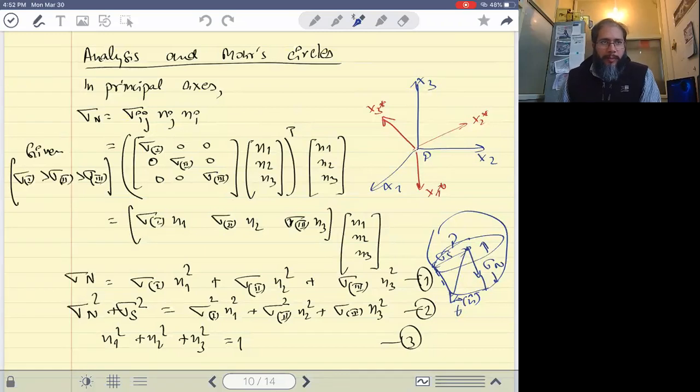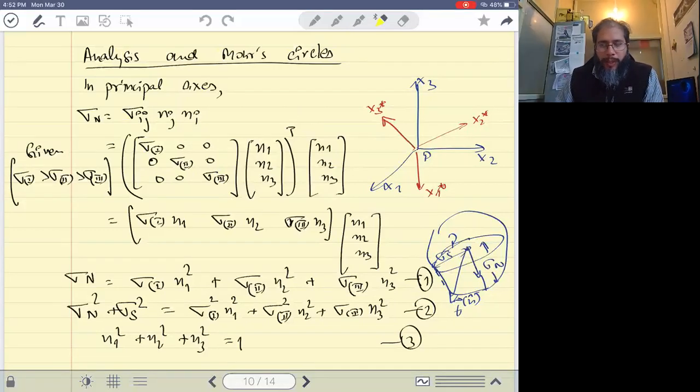Now the next method we have in this case is called the analysis method. In this method, we try to write the equations and graphically interpret them using Mohr's circles. So let's proceed with that.